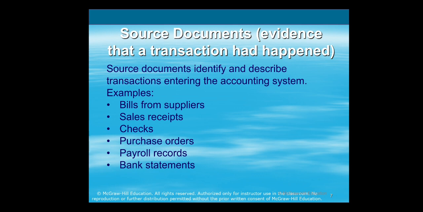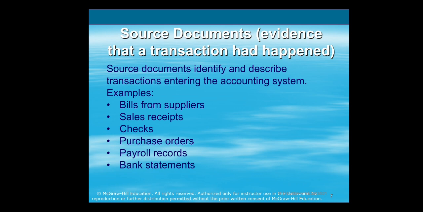Every time a business does a transaction, the business will prepare, and maybe get, a document from somewhere. The example is like this. Let's say a business sells something to a customer, then the business will prepare a receipt.